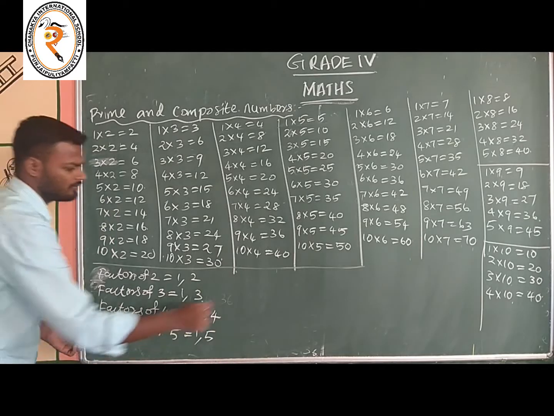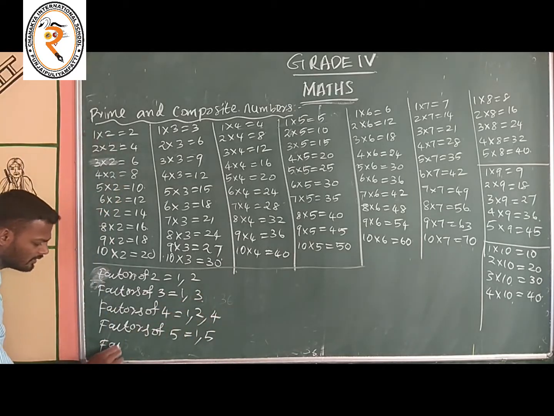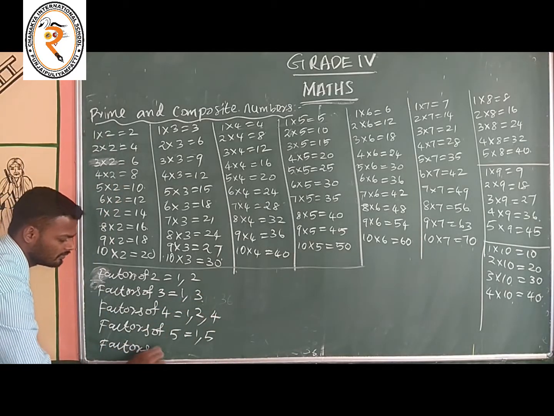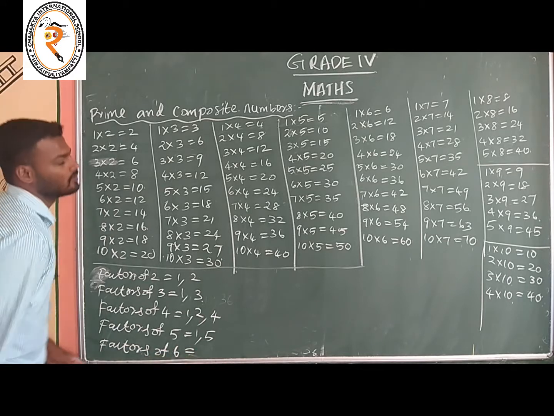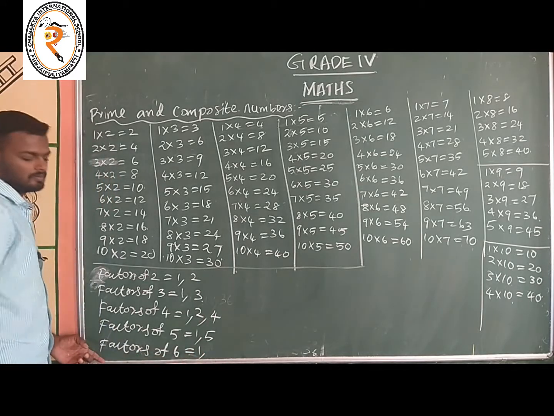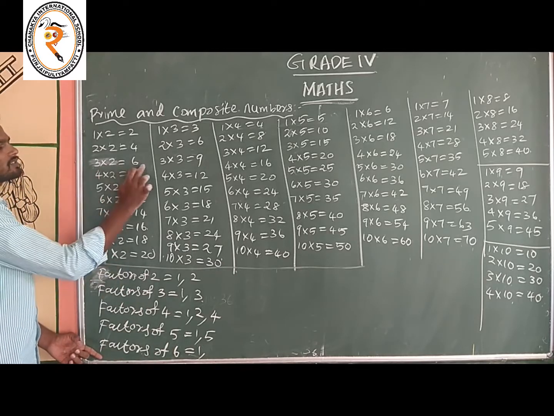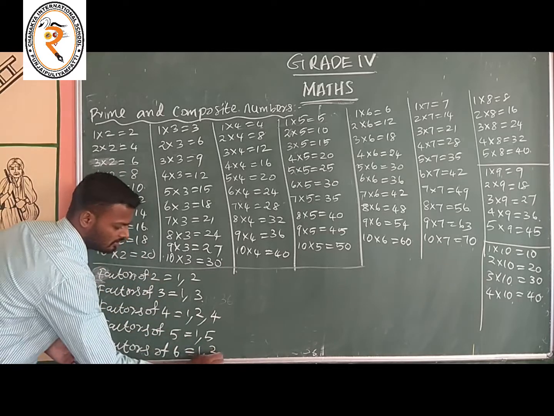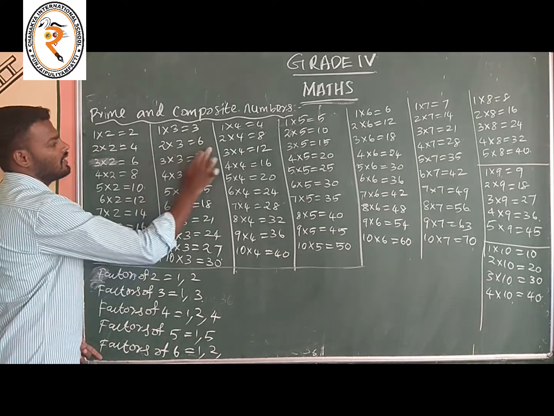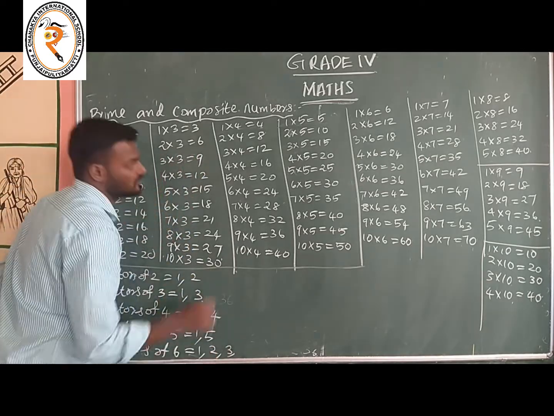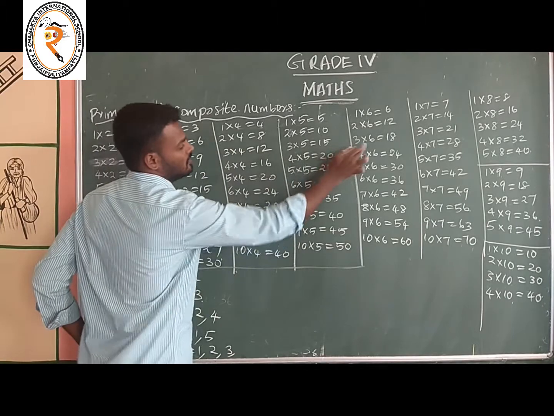And factors of 6: 6 comes in the first table, second table, third table, and sixth table.